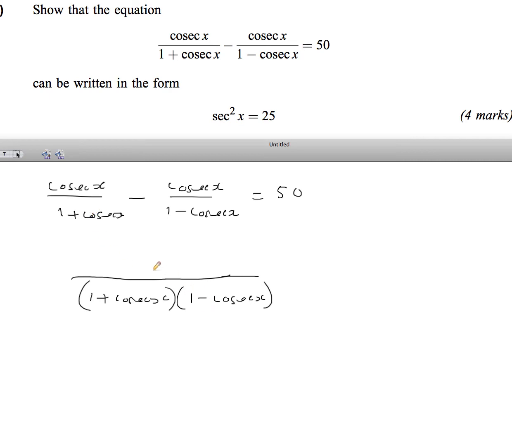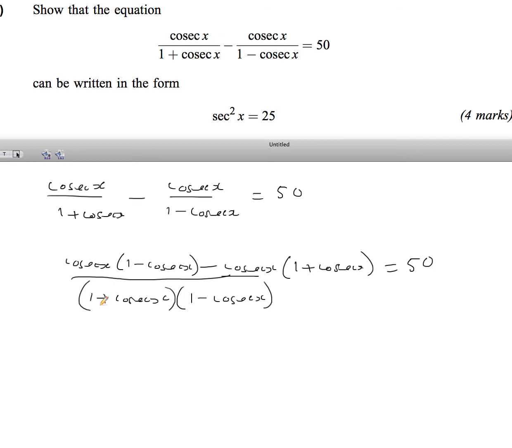So it's going to be cosec x times 1 minus cosec x, minus cosec x times 1 plus cosec x equals 50.